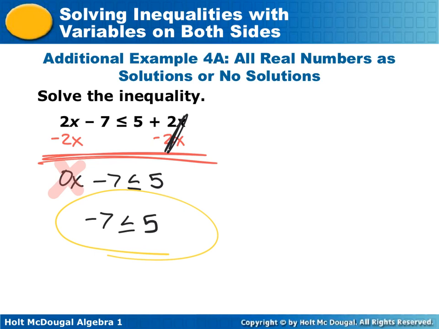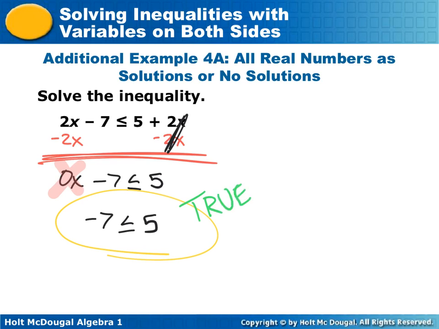Well, let's think about it. Is negative 7 always less than or equal to 5? Think about what we just said again. Negative numbers, are they always smaller than 5? 100% of the time. So that means that this inequality is true.